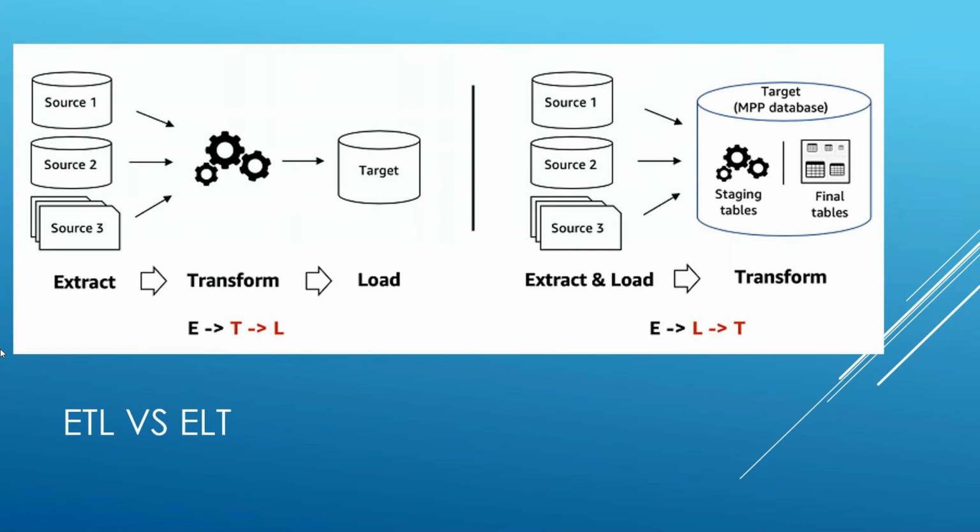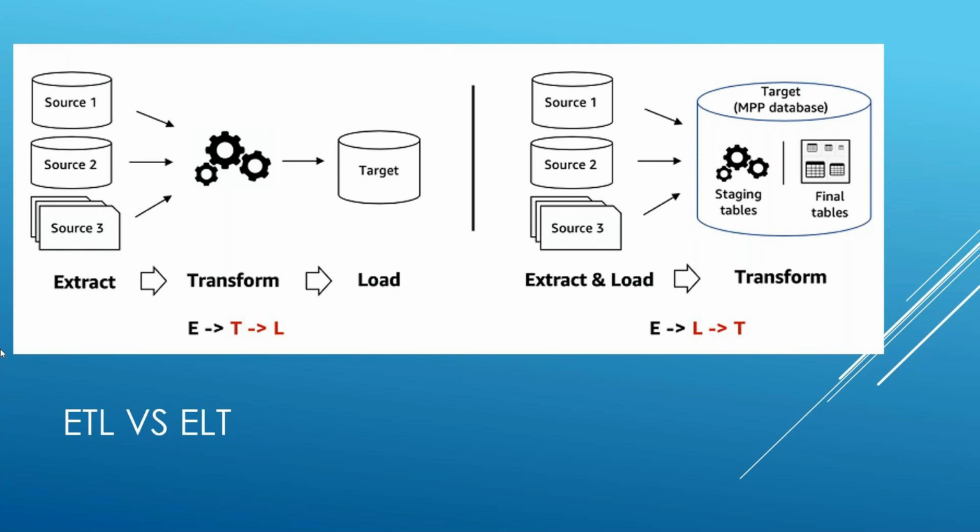It may be changing the data types or formats, removing inconsistent and inaccurate data, and removing data duplication. All these are transformation tasks. And loading: in this phase, we store the data into the target database.